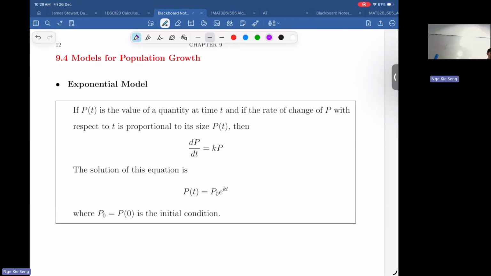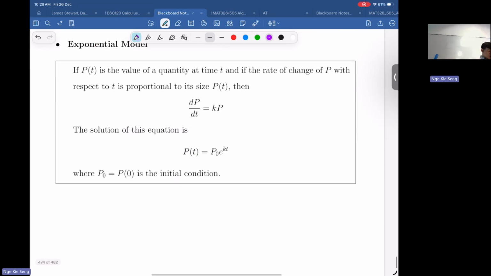If P(t) is the value of a quantity at time t, and if the rate of change of P with respect to t is proportional to its size, meaning dP/dt equals kP, then the solution for this equation is the exponential function with the initial condition. You may think of it as the amount of rats or mice you have. Should we prove this? I think this is quite straightforward given what we know already.